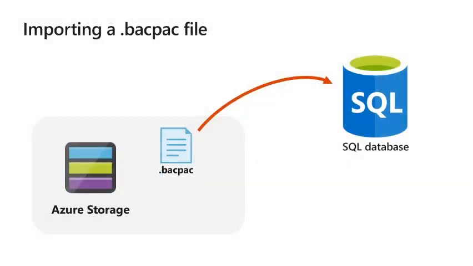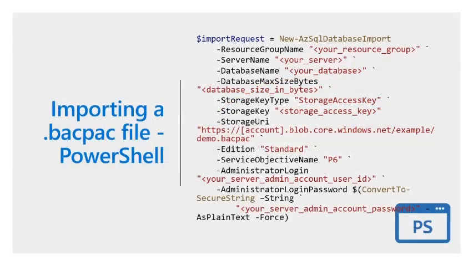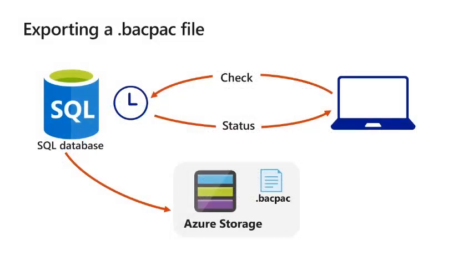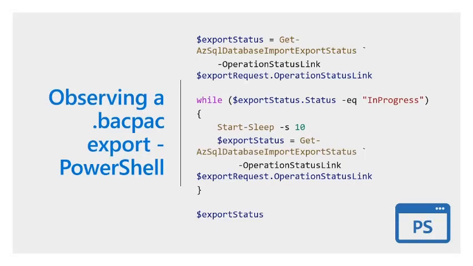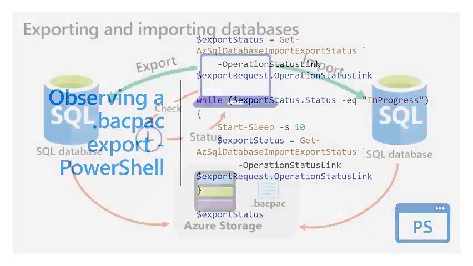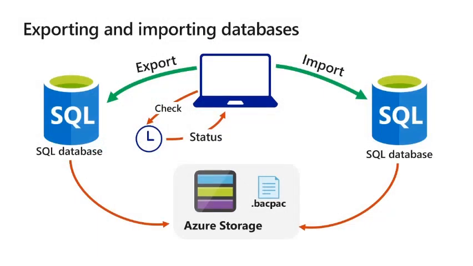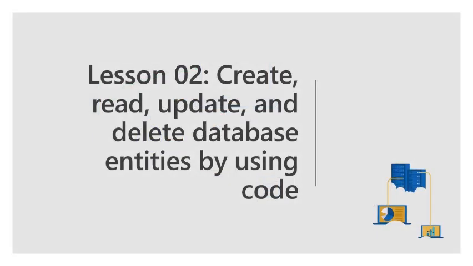If you want to import a file from Azure storage, you can import the backup file using PowerShell. Exporting, you can export a backup. Then observe if the export was successful. Exporting and importing a database is the same thing.